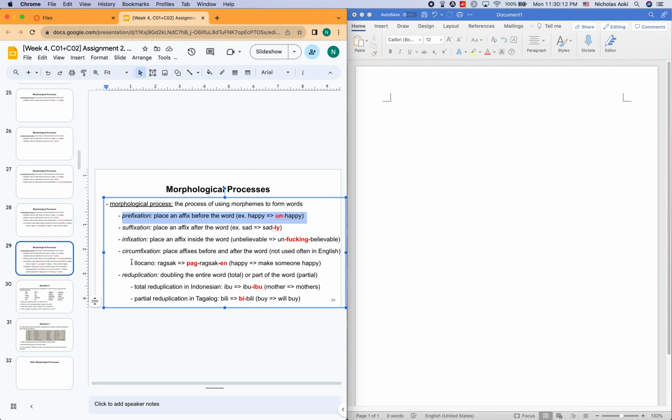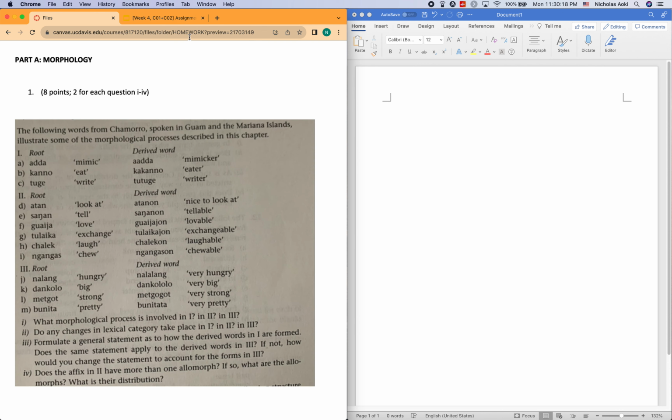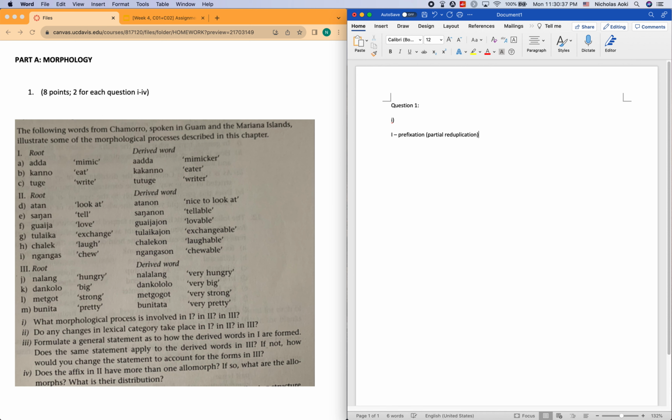So we're doubling it, as in reduplication, and then we're prefixing it to the word. So for question 1, number 1, in the first data set, we have prefixation. Specifically, we're doubling, it's partial reduplication. So we're doubling the first syllable.